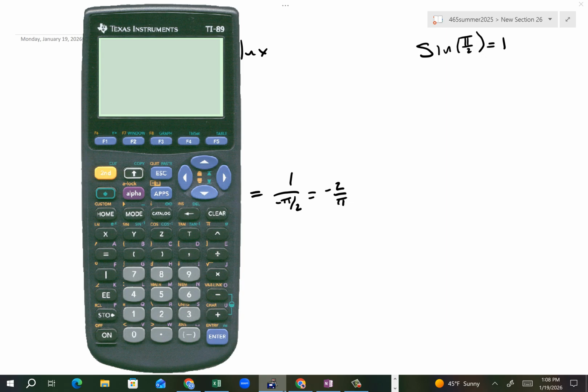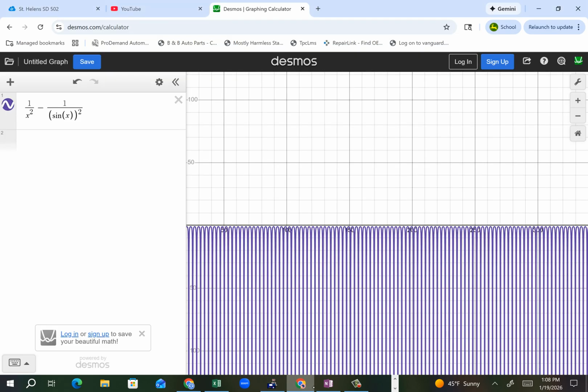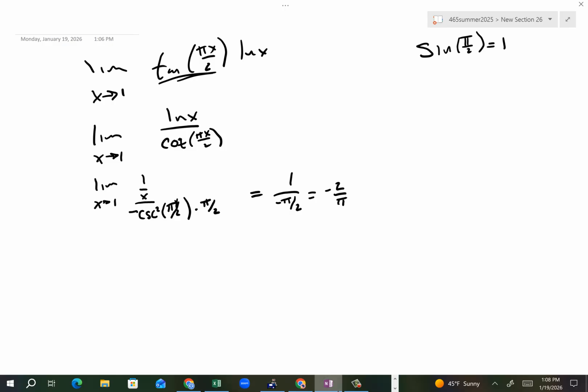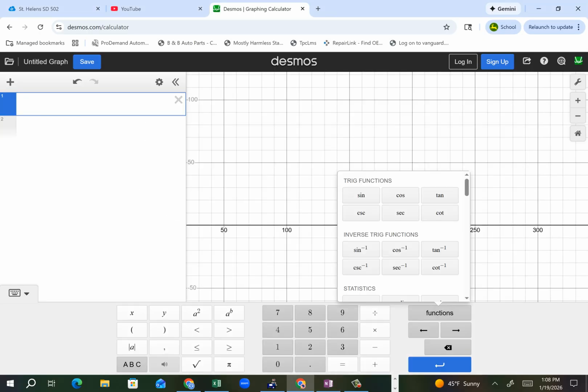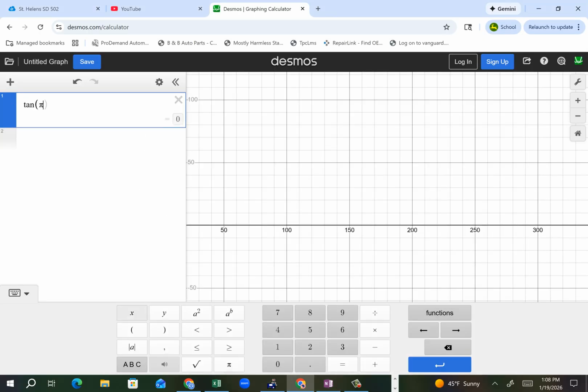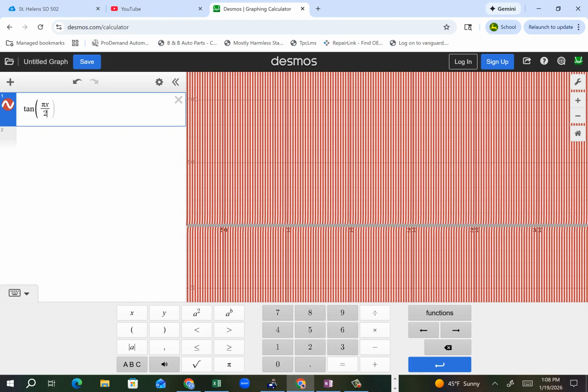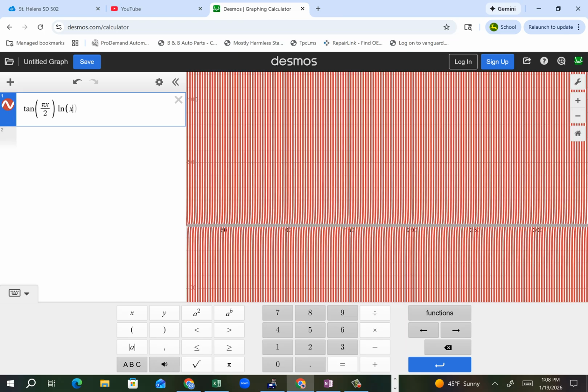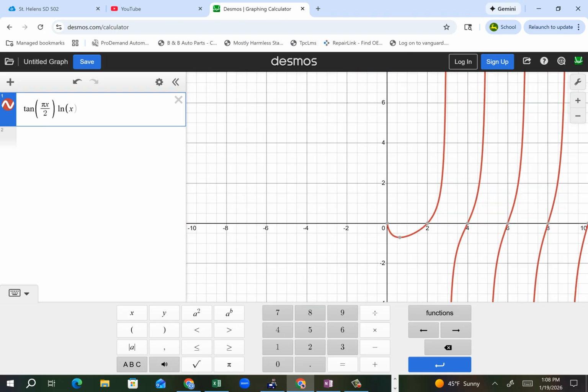Let's see if we believe that. Oops, where's my desmos.com? Let's go have a look-see here. What did I say the problem was? Tangent of pi x divided by 2 times the ln of x. That's hot. There we go.